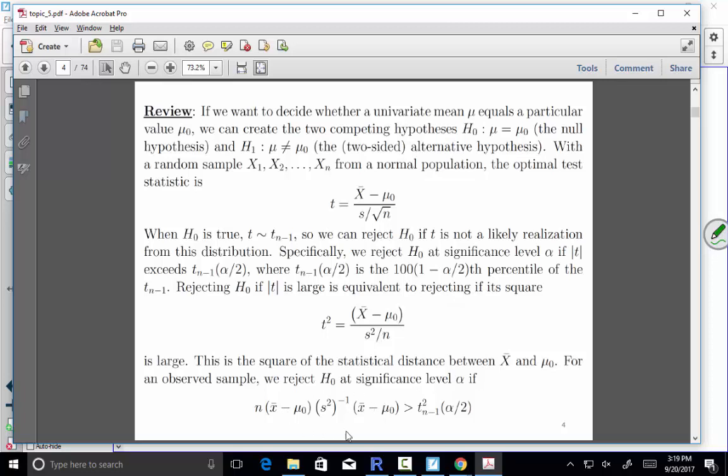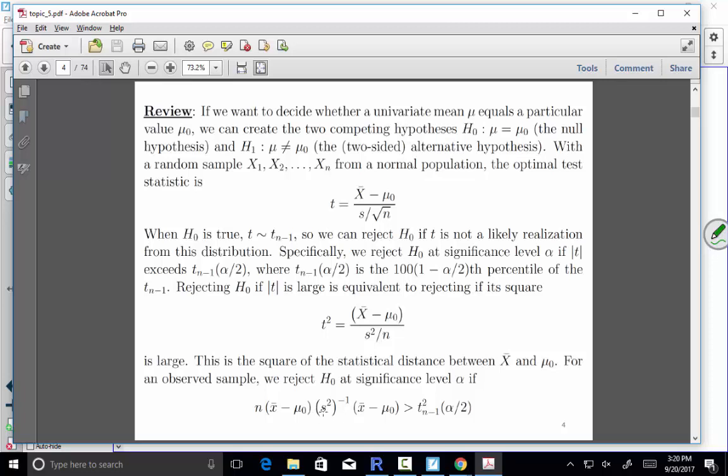And then notice that I can write that in a little bit of a different way as down at the bottom. This quantity is the exact same thing as the squared t-statistic. And for the purposes of doing inference, like computing a p-value, I could work with this test statistic, the usual t-statistic, or I could work with this one.